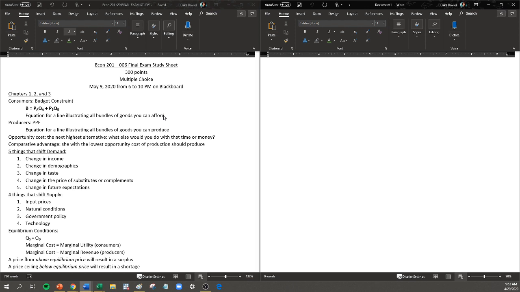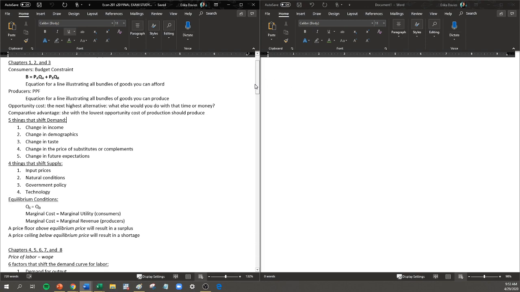Okay, so if you recall, back at the beginning of the year when everything was still normal, we had our first exam on chapters 1, 2, and 3. And here are some things that we went over on that exam. First of all, we talked about the budget constraint.